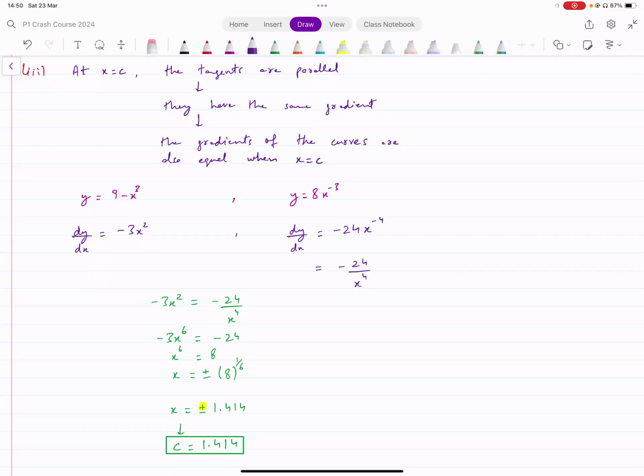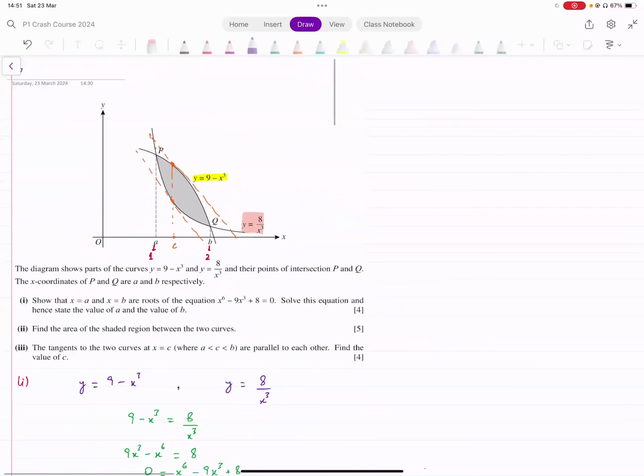And that is volume of revolution. Let's have a look at this.